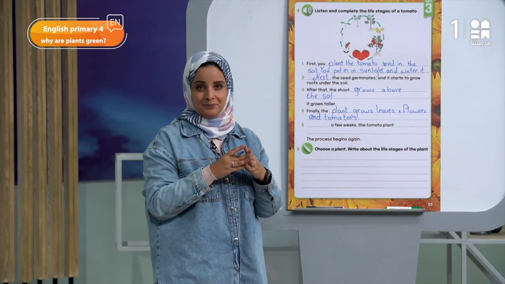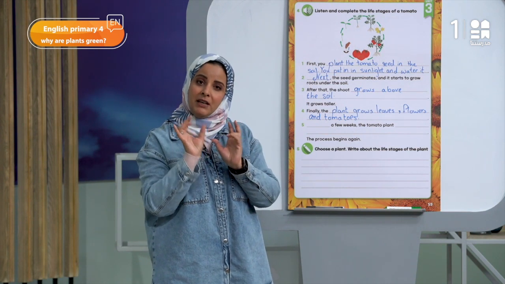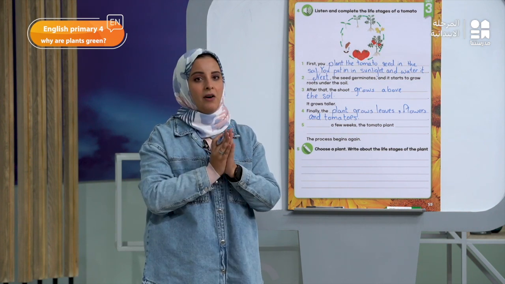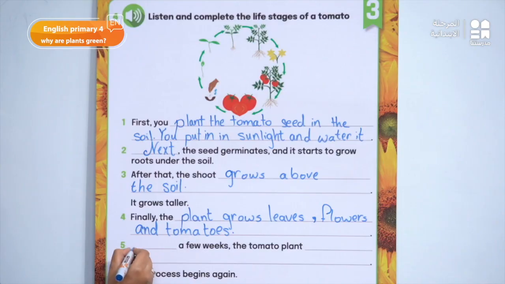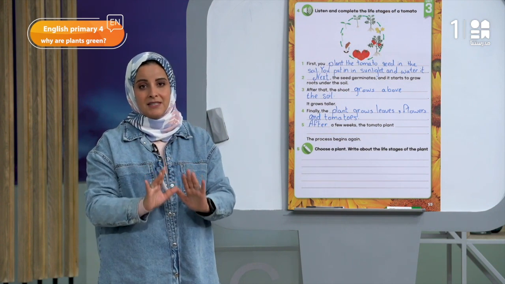Number 5. What is the word we said is connected to a period of time and is not followed by a comma? Very good. After. After a few weeks, what will happen to the tomato plant? The tomato plant dies and drops the seeds.